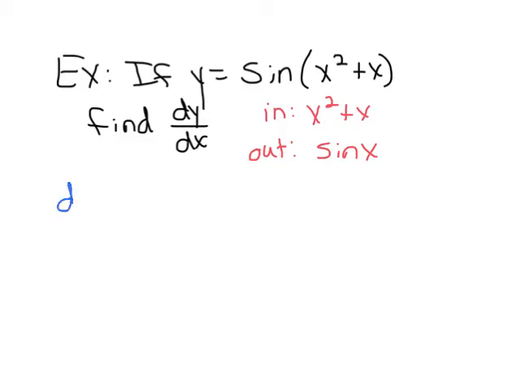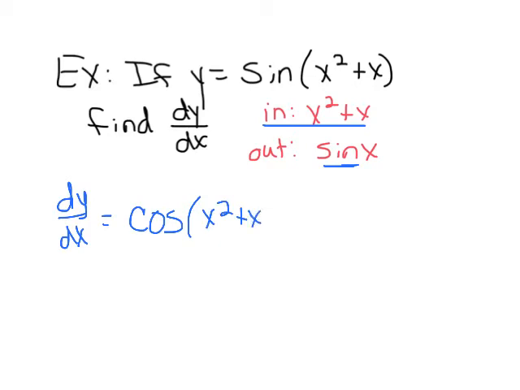So here we go, dy/dx. dy/dx is equal to the derivative of the outside. The derivative of sine is cosine, evaluated at the inside function. The inside function is x squared plus x.